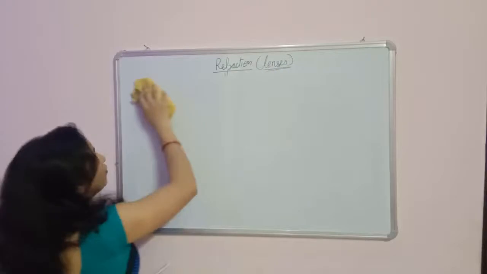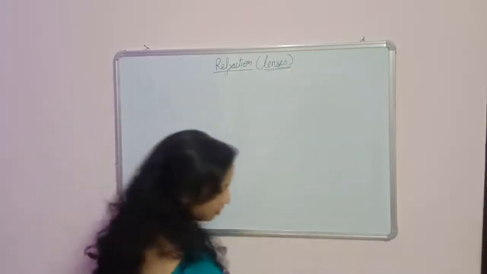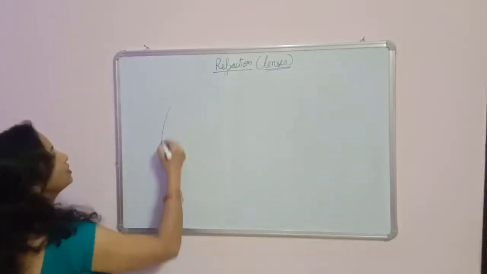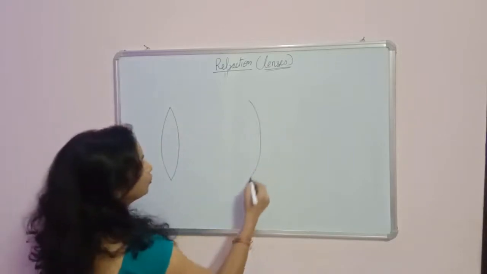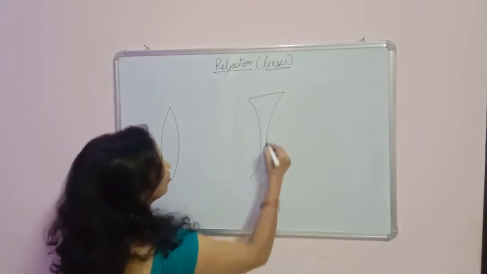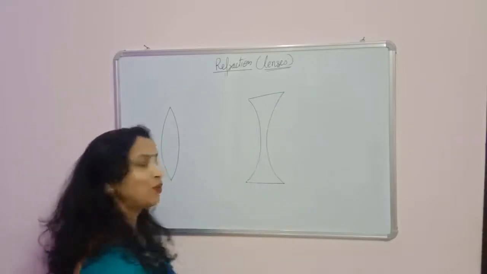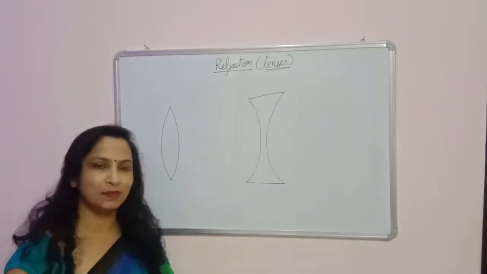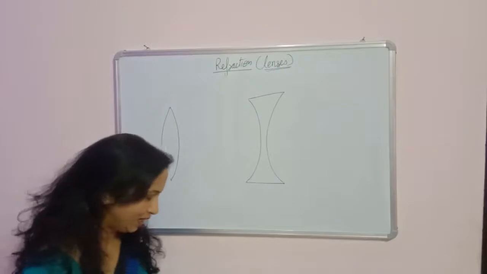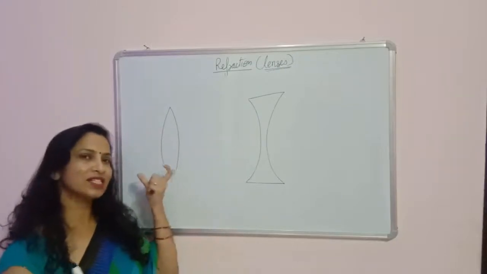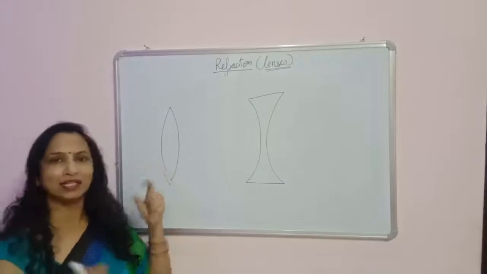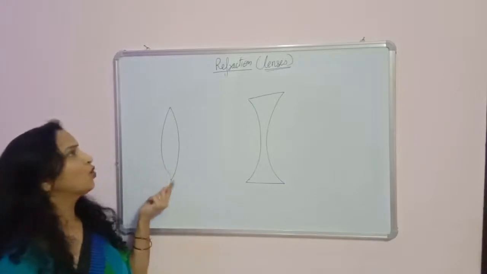So some definitions related to lenses. You will write the definitions in your notebook. I am going to explain in this video, or in case of any problem you can ask in your Zoom session. Okay, so this is a convex lens. The lens which is thicker in the middle and thinner at the edges is called the convex lens.